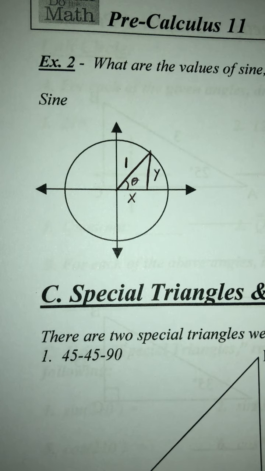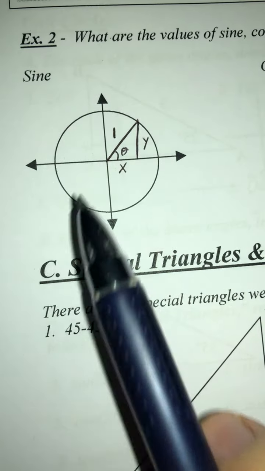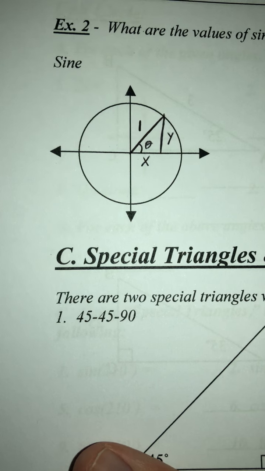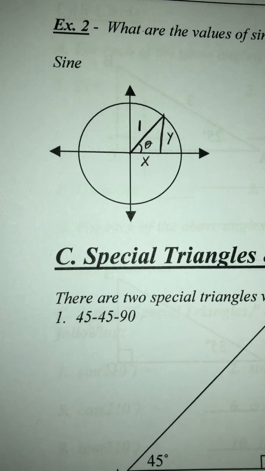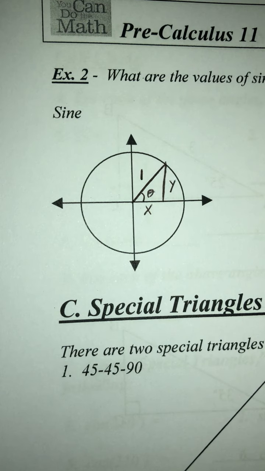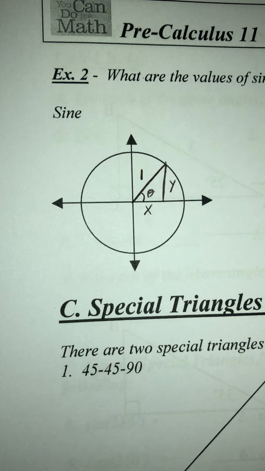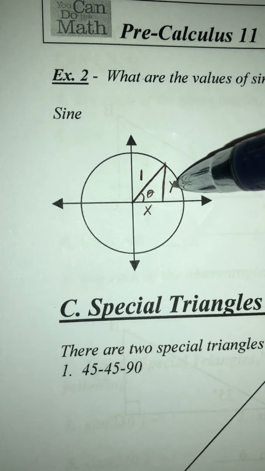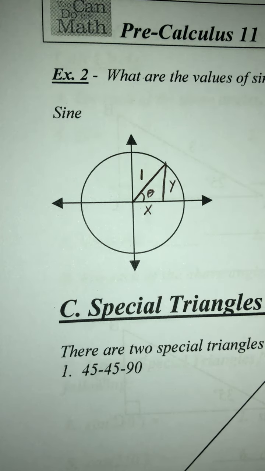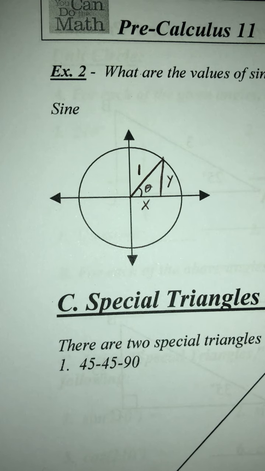If you think of this as your y-axis and your x-axis with a circle in the middle, you can kind of think of it like this. Then sine of this angle would be opposite over hypotenuse, which is just y over 1, and so on. Again, this is just a tidbit for next year. If you don't remember this, maybe you'll at least think of it once you get to next year.